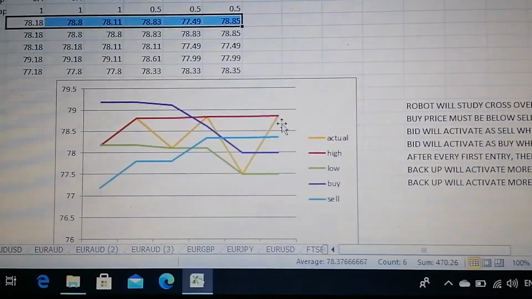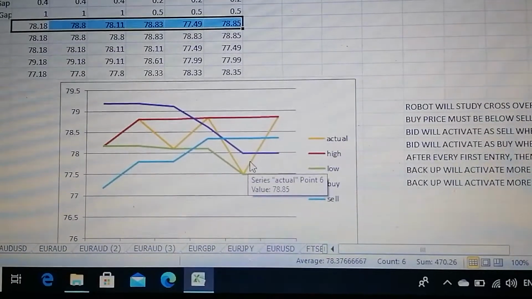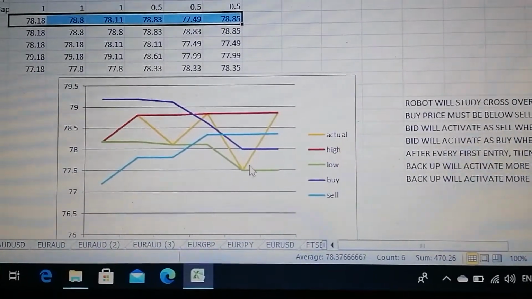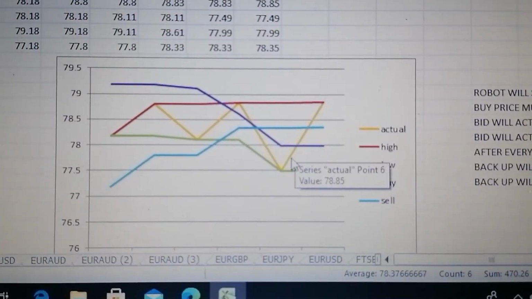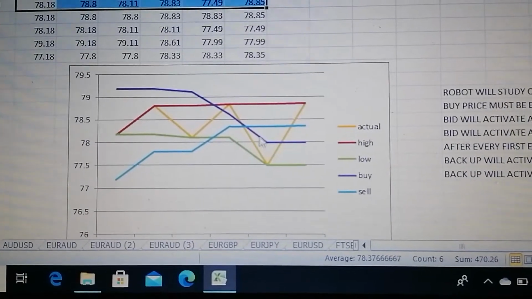Because this is the first point to activate after the crossover, it's going to take more bids from this line. So as the month continues like that, this will now be the true action of the market.